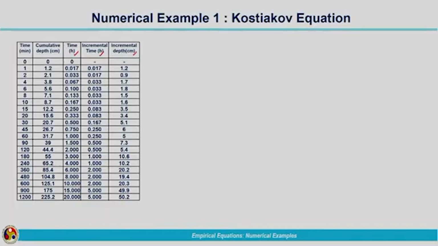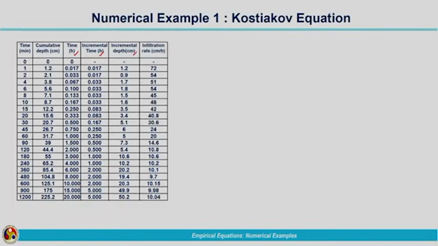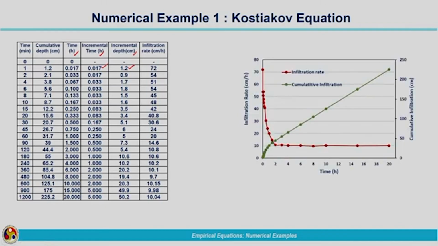Once incremental depth is obtained, we can calculate the infiltration rate by dividing the incremental depth by the incremental time. So, we got the infiltration rate in centimeters per hour, which is listed in this column. After that, we can plot the curves corresponding to cumulative infiltration and infiltration rate. The green curve represents the cumulative infiltration and the infiltration rate is given by the red curve.